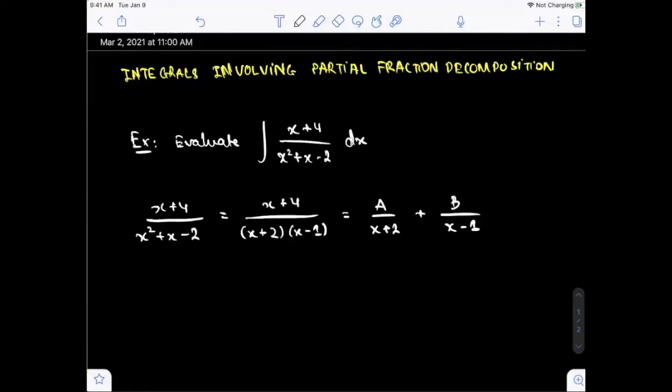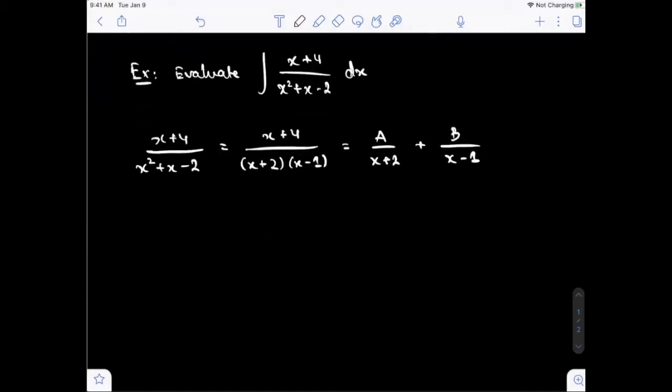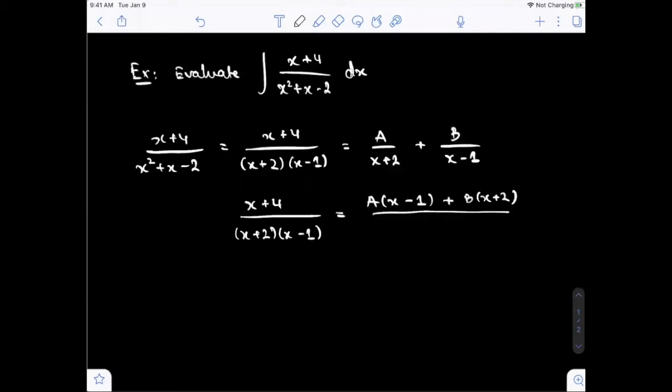Right, this process we have already done a few times, so I'm going to speed it up a little bit. Combine the two fractions on the right hand side together, and the left hand side remains the same, of course. So A times x minus 1 plus B times x plus 2 divided by x plus 2 times x minus 1.